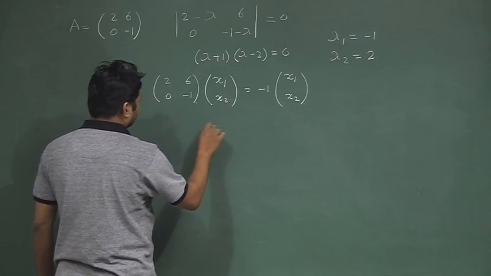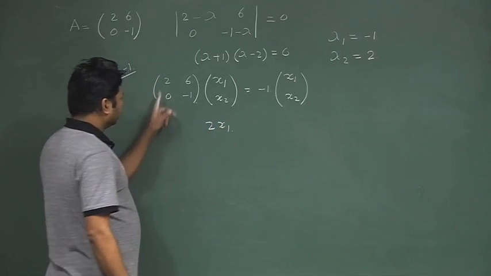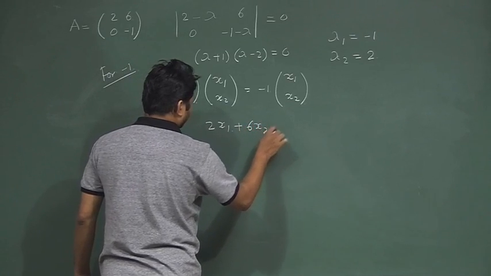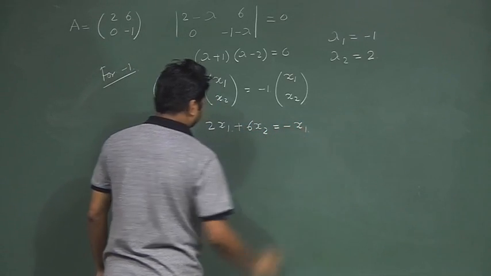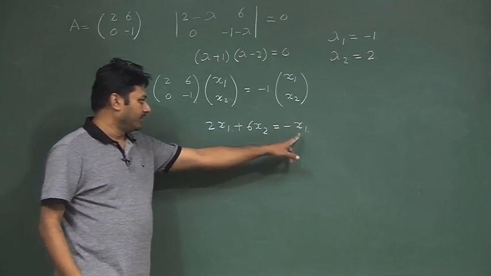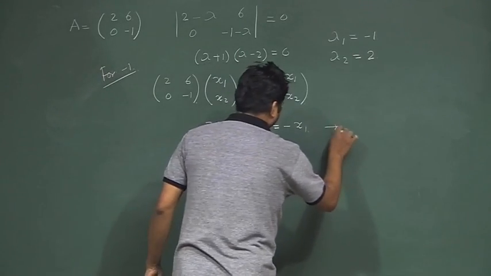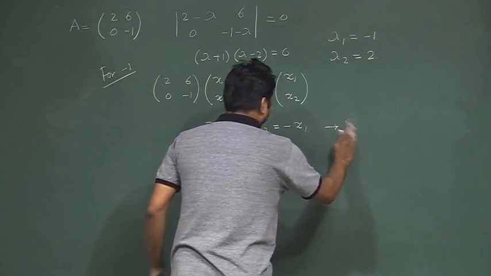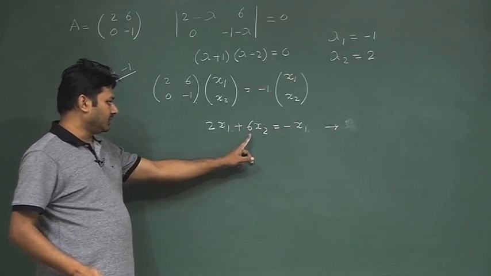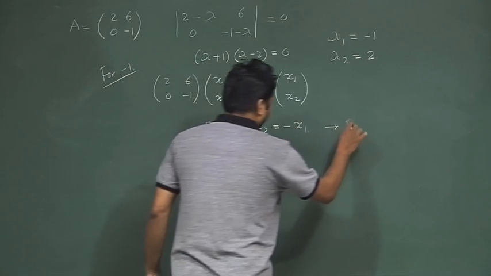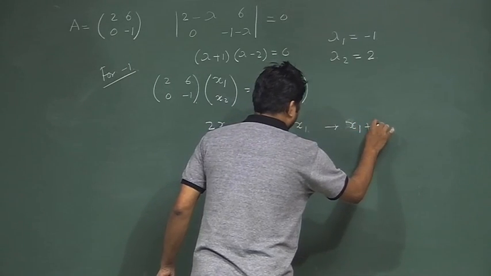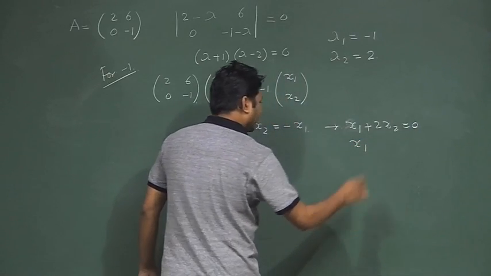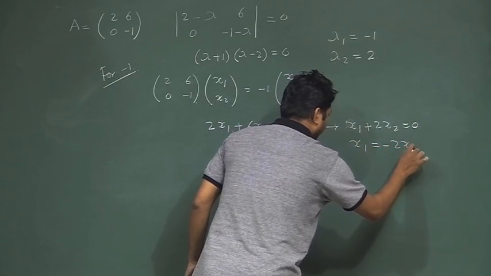What expression am I getting? 2x1 plus 6x2 is equal to minus x1. If I take it here, then I will have 3 and then 6, so right away it will be 3 and then 6 will cancel. So x1 plus 2x2 is equal to 0.